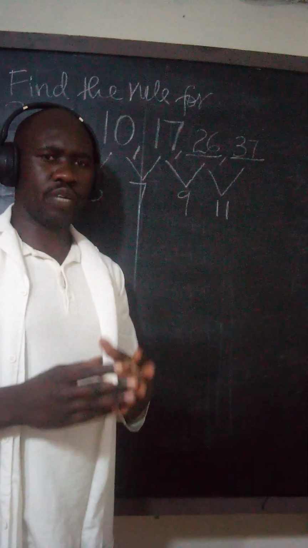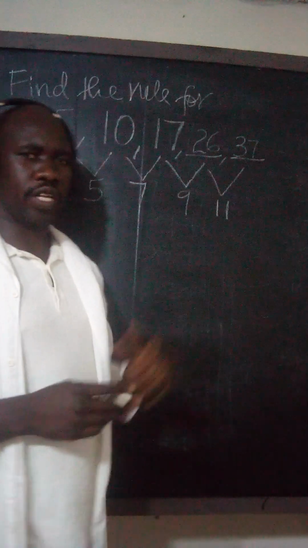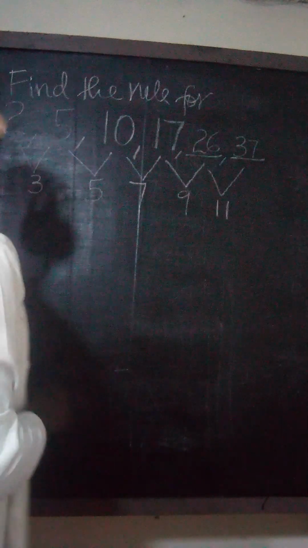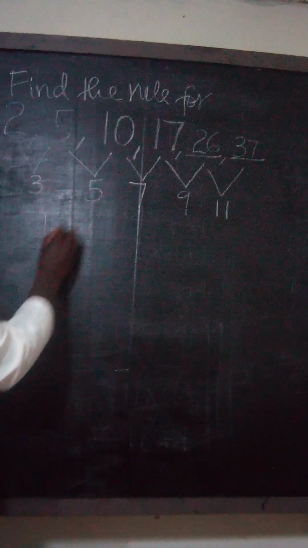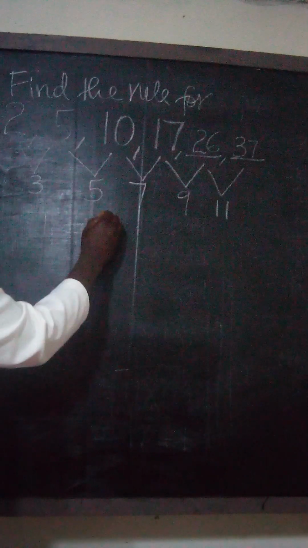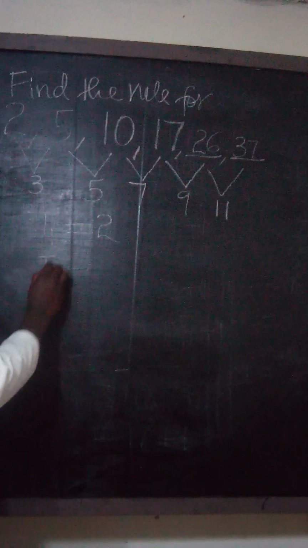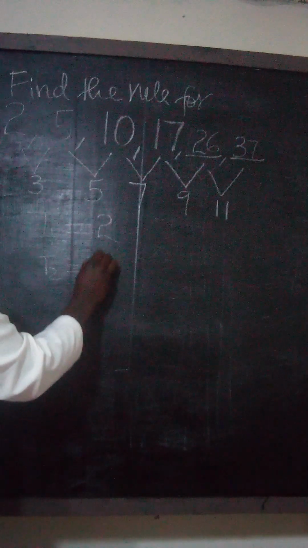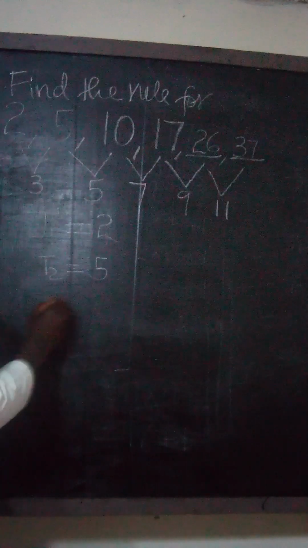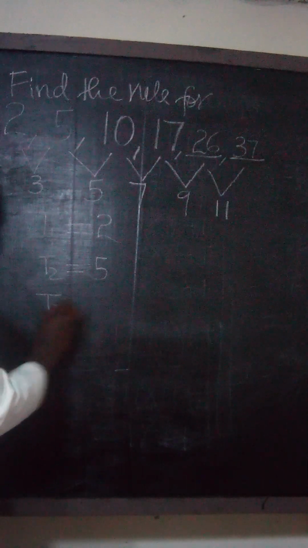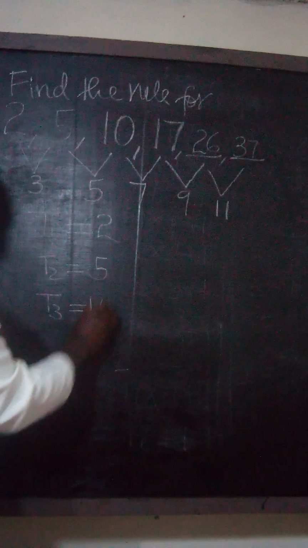But let us come up with a rule that defines this sequence. We have the first term, T1, which is 2. The second term, T2, is 5. The third term, T3, is 10.